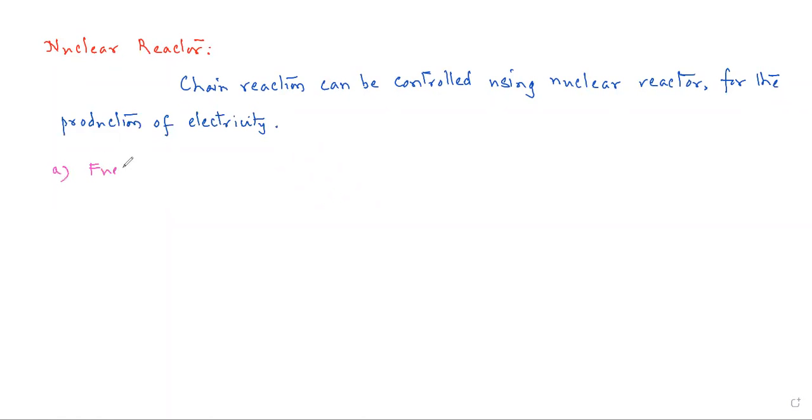The first one is fuel. Fuel may be of two types: fissile and fertile. Fissile fuels are used directly in fission reactions. That means they directly enter into the fission reaction and result in a chain reaction.